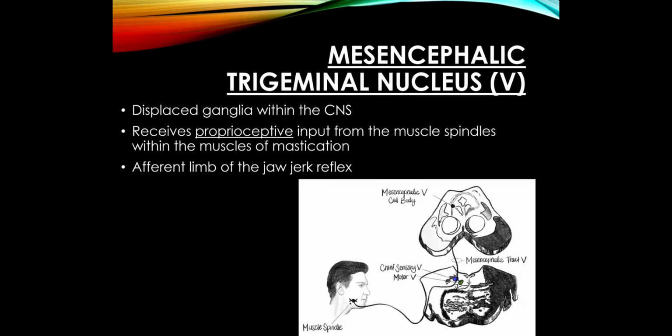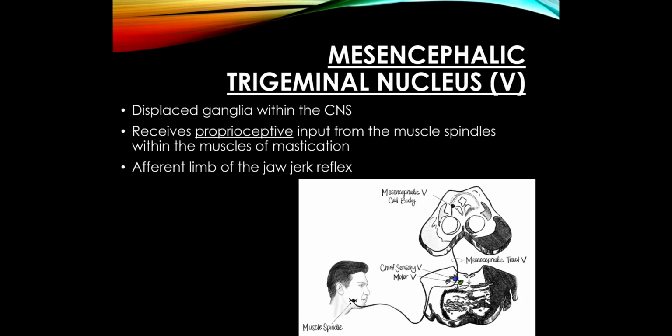Now, the mesencephalic trigeminal nucleus is very unique because it's the only ganglia, it's really part of the peripheral nervous system that gets pushed into the central nervous system. So it's a displaced ganglia. And the mesencephalic trigeminal nucleus you want to associate with proprioception, especially of the jaw muscles.